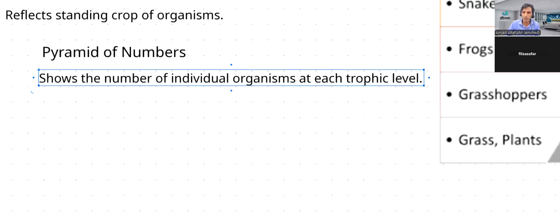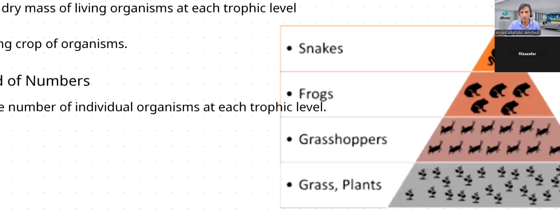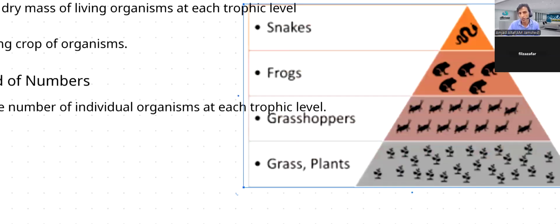You can see here in the diagram: grass, plants, grasshoppers, frogs, snakes. For grass and plants, the number is very large. Then the number is reduced at the level of grasshoppers, and grasshoppers are consumed by frogs, and frogs are even fewer than grasshoppers. These frogs are consumed by a snake, and the snake is only one here.